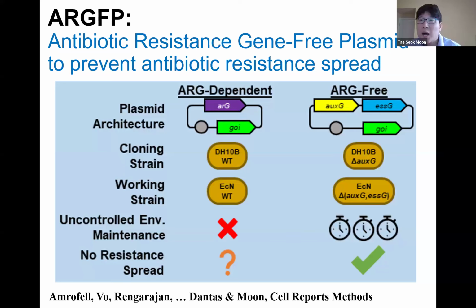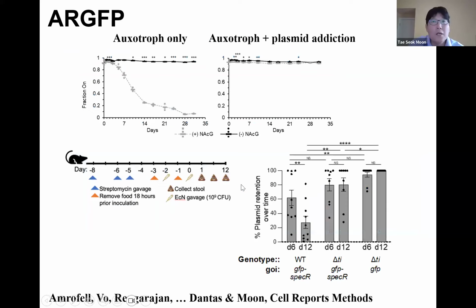And your PI potentially saves some money by not buying antibiotics. We also demonstrated, again using a mouse model, that our plasmid system stays almost 100% without loss for 12 days. And in vitro, we showed this plasmid is maintained for more than 1 month.